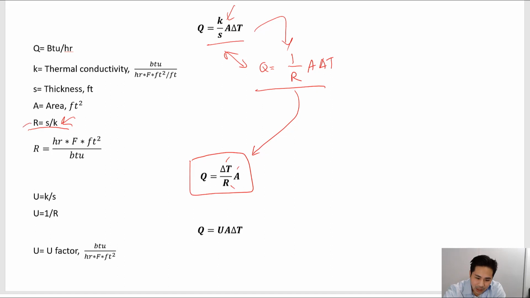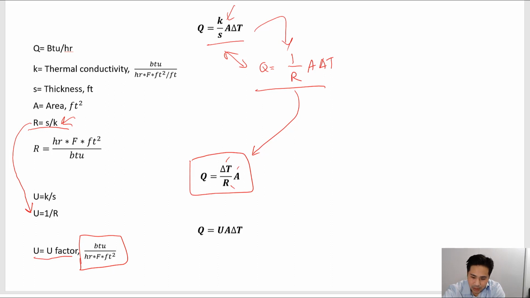Now the R is the reciprocal of U. That's just the relationship between U and R. Okay, the U factor. And the U factor is in these units here.